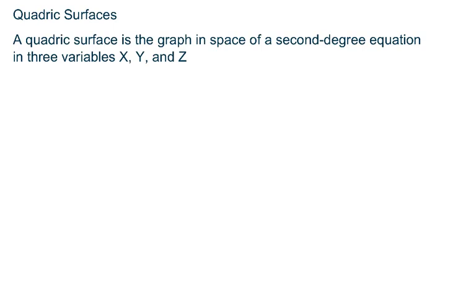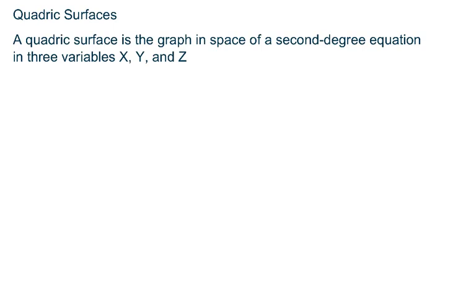So what we're going to talk about now is how we can tell them apart from just looking at them. We're going to talk about the characteristics, and we're going to identify 6 basic quadric surfaces. These include ellipsoids, paraboloids, elliptical cones, and hyperboloids.